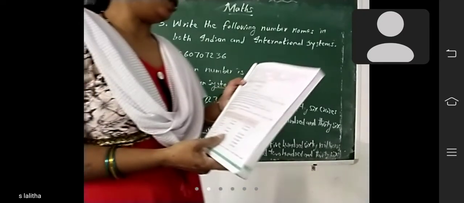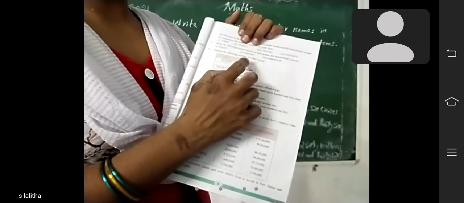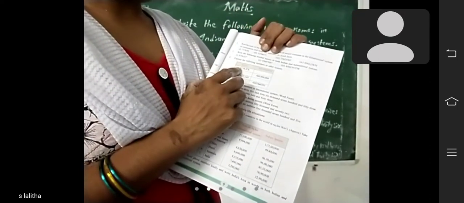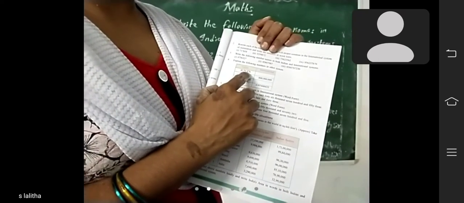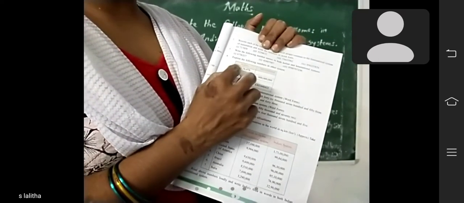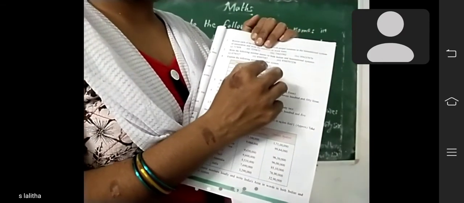Next, children, the fourth question. Express the following numbers in the other system. See here, Indian system and international system are given. Here the number is given in the Indian system: 42,56,876. Now you should write the same number and keep the commas in the international system. Did you understand, children?